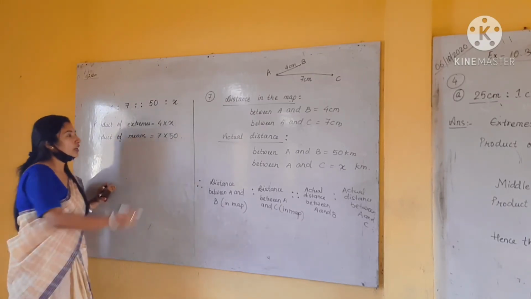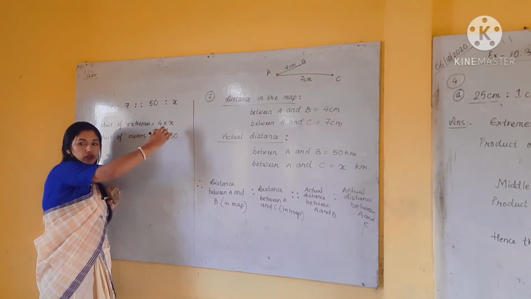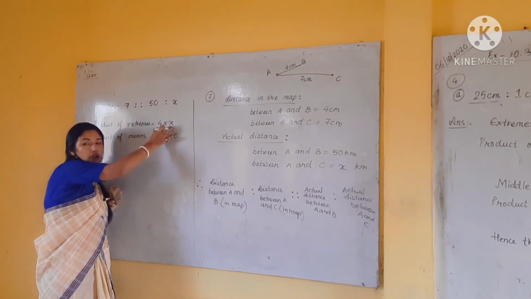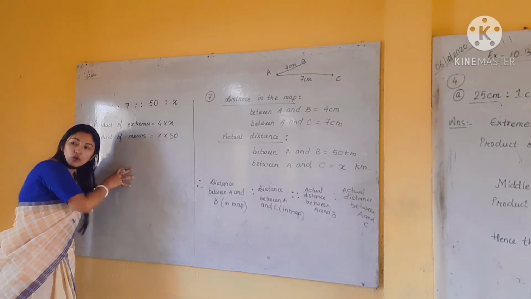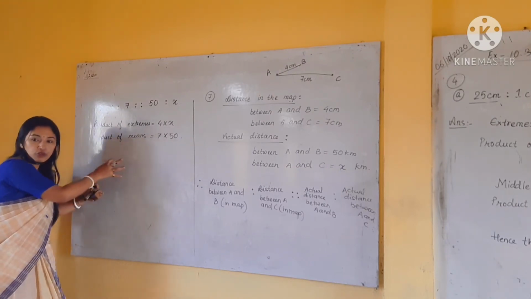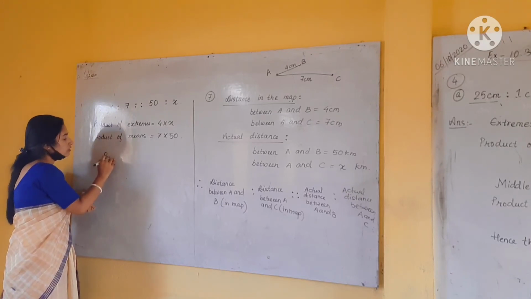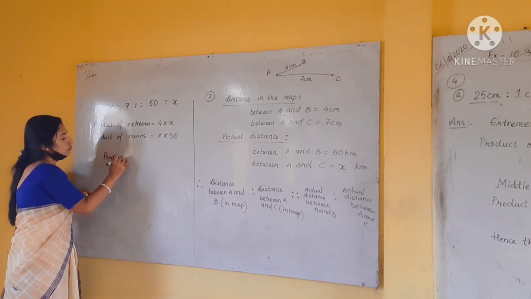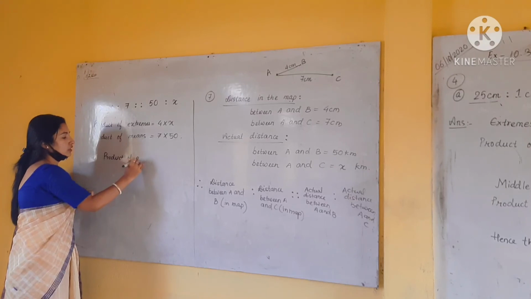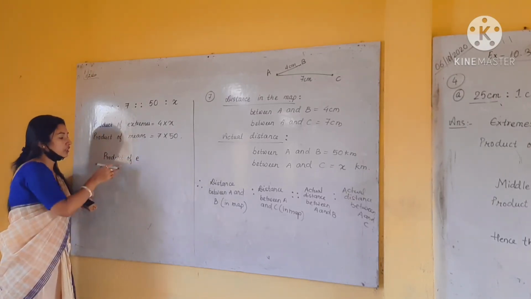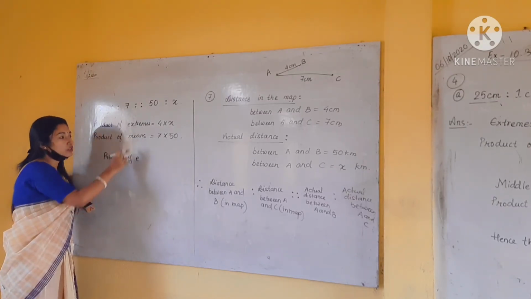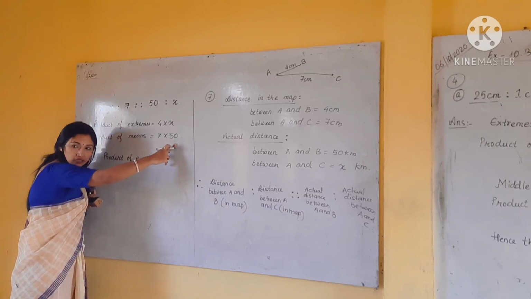See, one more thing you have to remember. The unknown is x. We don't know the value of x. So these terms we have to keep in the left hand side always. So first of all here we will write, we know that product of extremes is equal to product of means. In other questions we have written product of means, because in product of means our unknown was there.